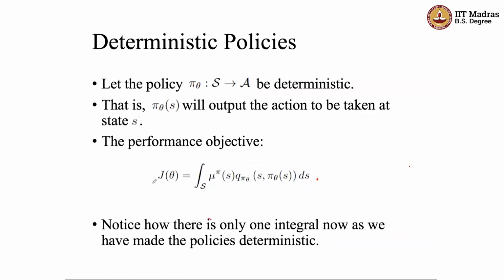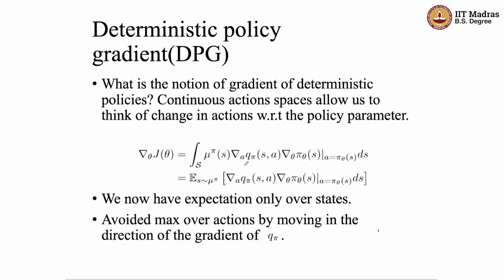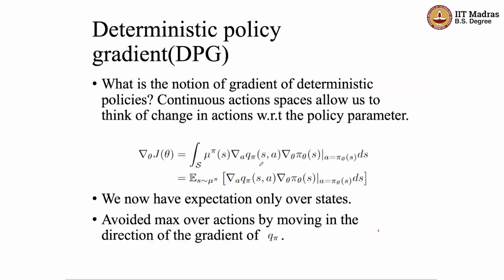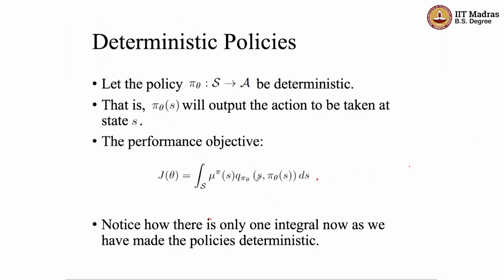When I want to do an update on theta, what I would normally do, assuming that my pi theta is differentiable, is take the derivative of q pi theta with respect to theta.